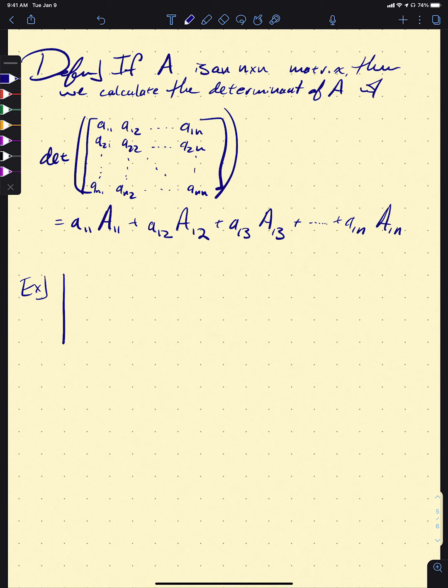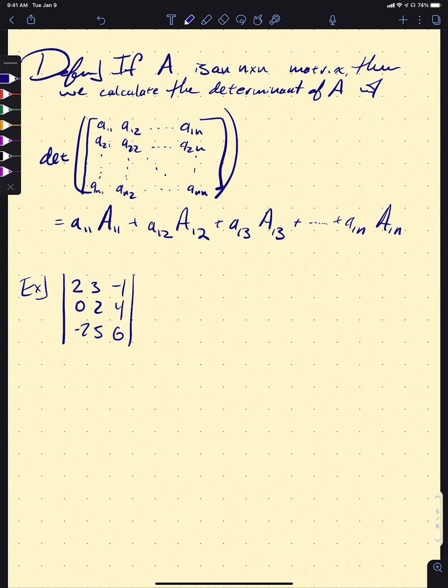Let's calculate the determinant of 2, 3, negative 1, 0, 2, 4, negative 2, 5, 6. If this matrix looks a little familiar, there's probably a reason for that.